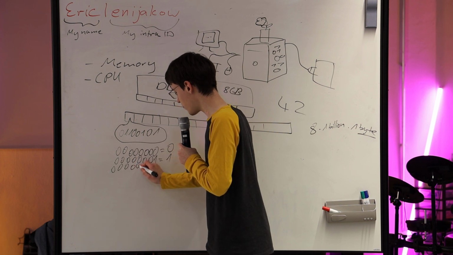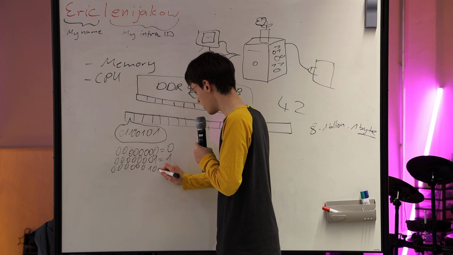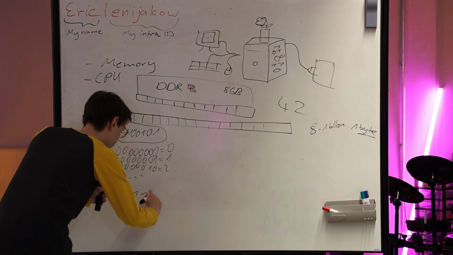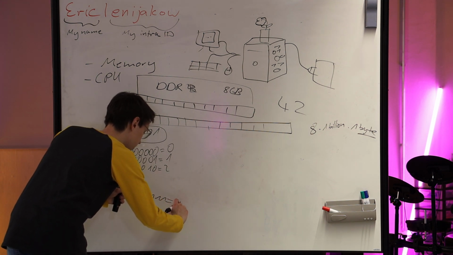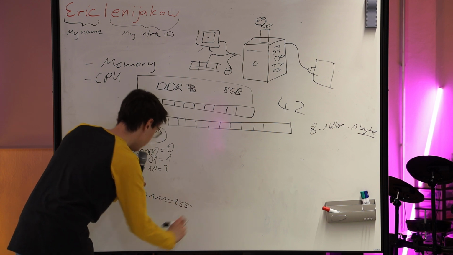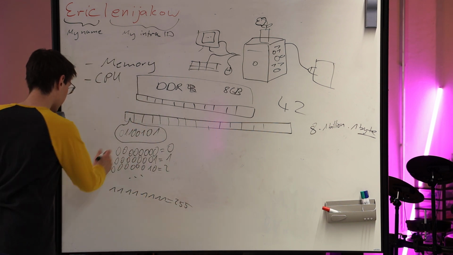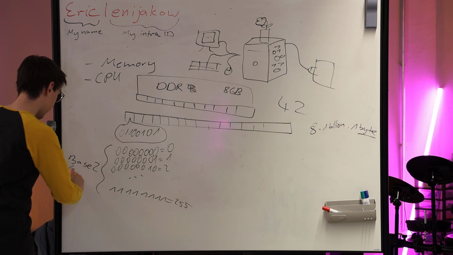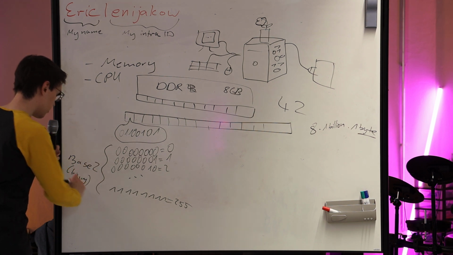And so on, up to 255. This is basically your normal base 2 binary system.